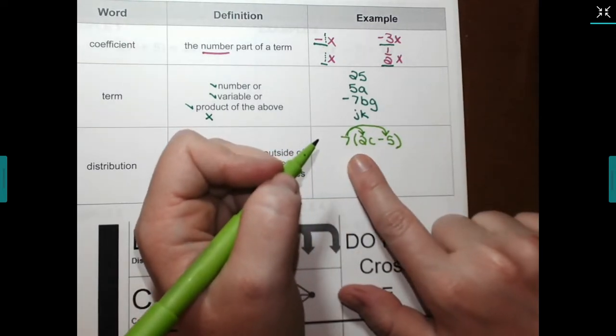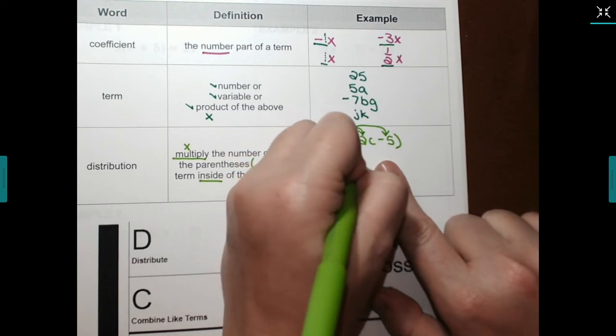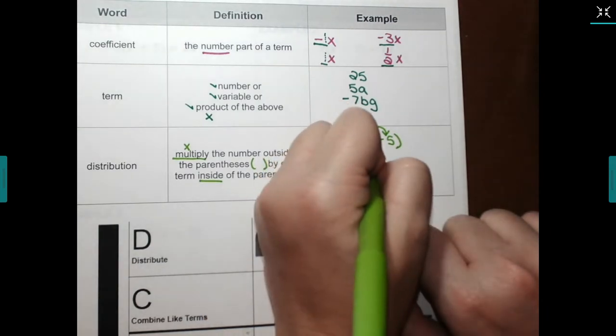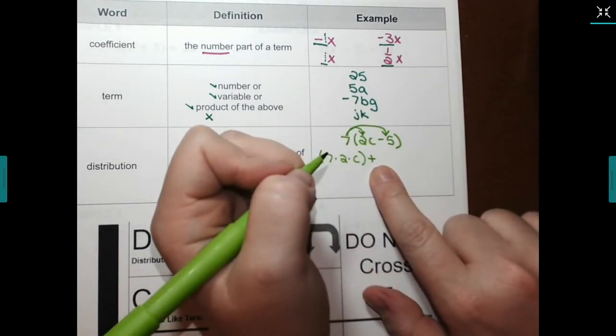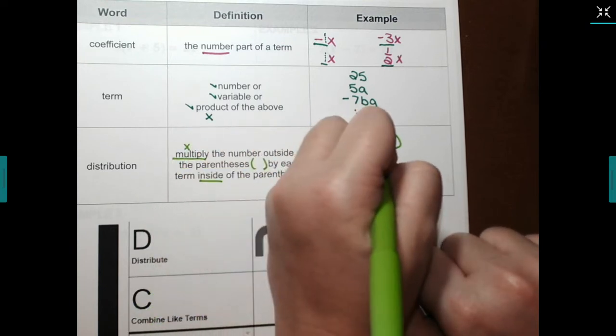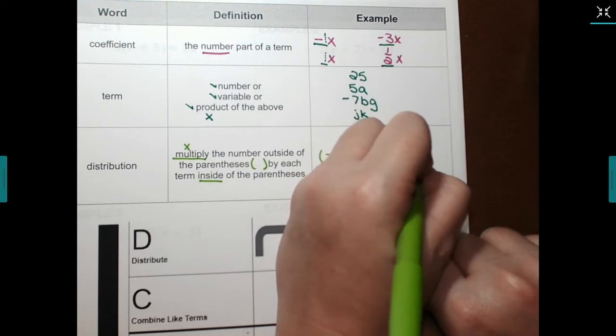This guy turns into 7 times 2 times c plus, this is always going to be a plus in the middle. It's always going to be a plus. Plus, open parentheses, 7 times negative 5.